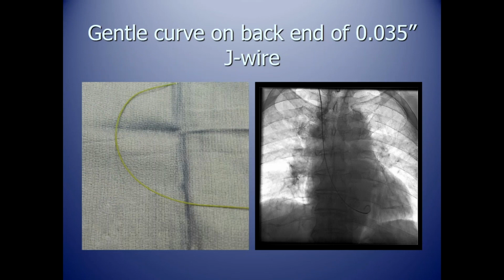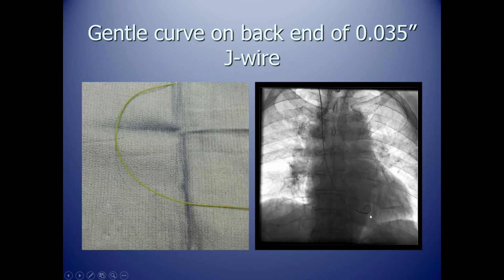For wires, I use just a regular 0.035 inch J wire, and then when I'm guiding that wire, I take the back end of that wire, which you'll see here, the stiffer end, and make a nice gentle curve on the wire.